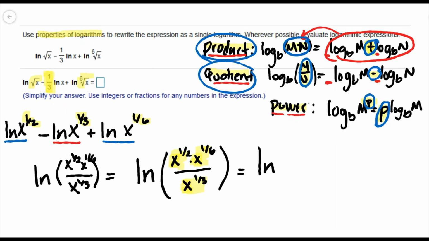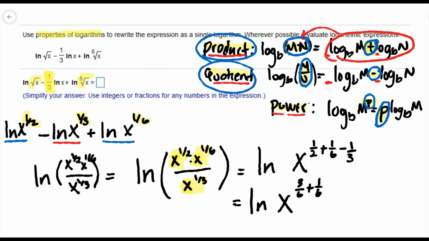So now I'm going to combine these together. 1/2 plus 1/6 minus 1/3. I need to get a common denominator to add those together. The common denominator is going to be 6, so that becomes 3/6. 3/6 is the same thing as 1/2.